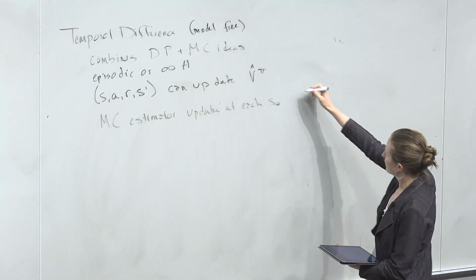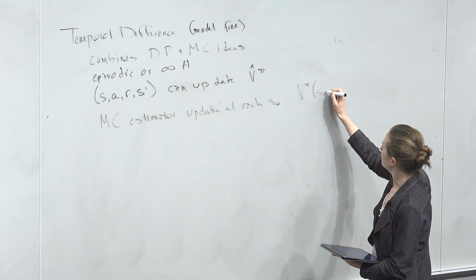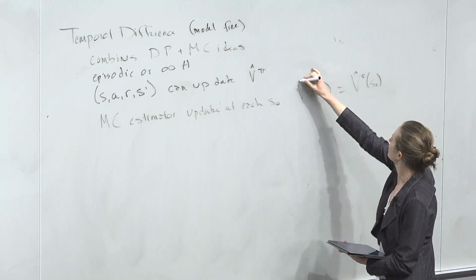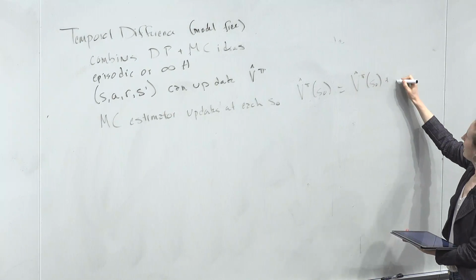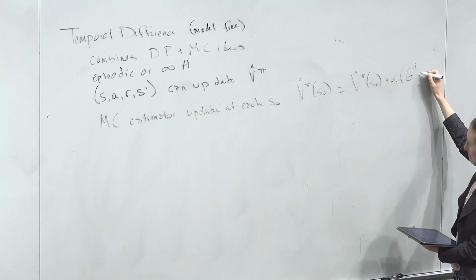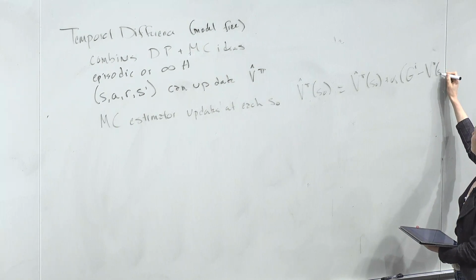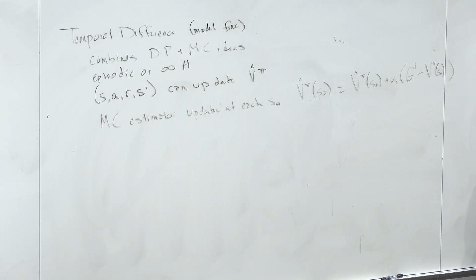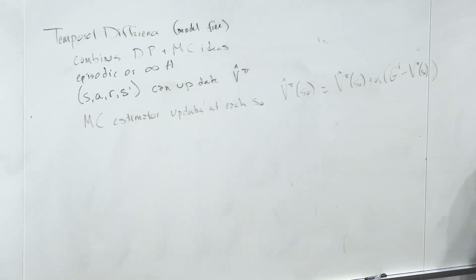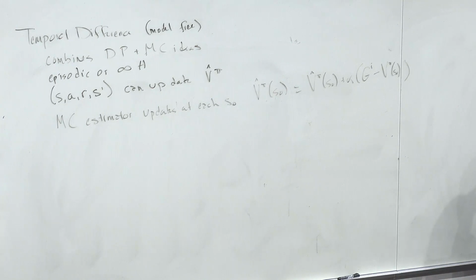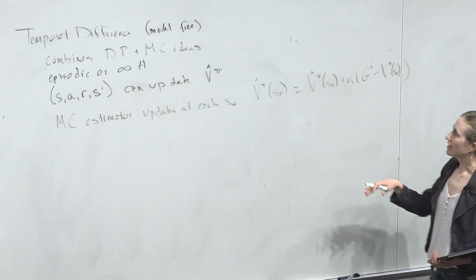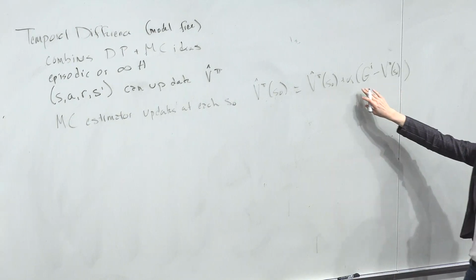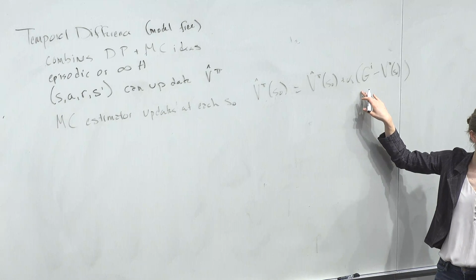In this case, V pi of S0 is equal to V pi of S0, whatever our current estimate is, plus alpha times G_i minus V pi of S0. So what is this doing? This is saying, instead of trying to keep all of your data and averaging over all of the returns you've seen so far, why don't we, maybe for memory reasons, just keep track of our current estimator, and then every time we finish an episode, we slowly move our average a little bit based on the return we just saw.